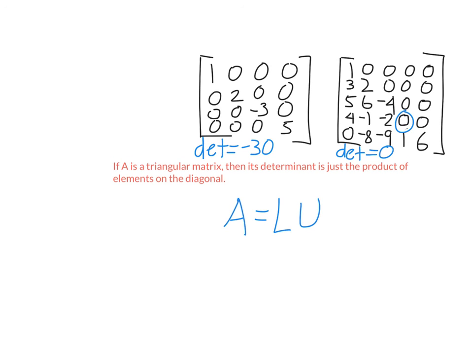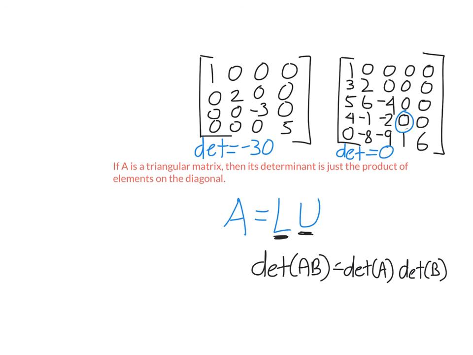That will be easy because we can find the determinant of this easily and this easily as well. And then we just use the rule that the determinant of the product of matrices is just the product of the determinants. That is the so-called multiplicative rule of determinants, okay?